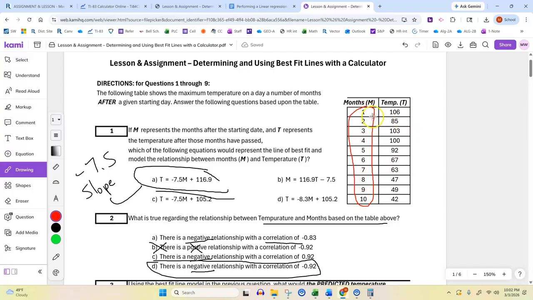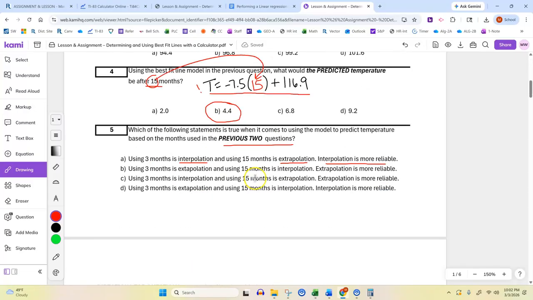So we've got data between months 1 and 10. So if we're using 3 months, that would be interpolation because it's within the data that we have. It's not extrapolation. Extrapolation goes beyond the data.